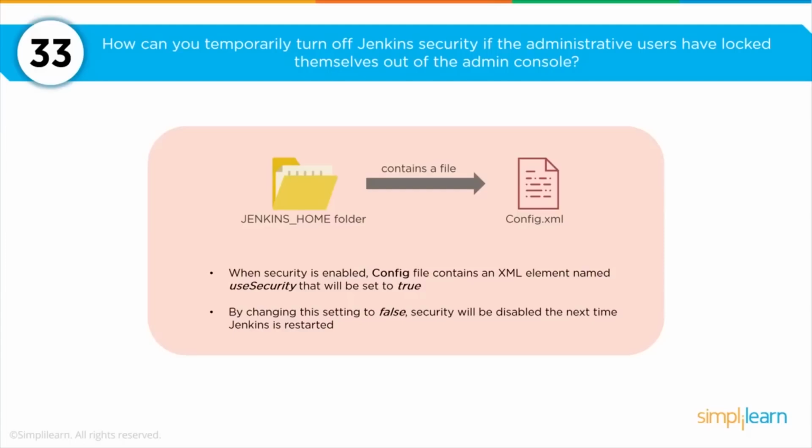So what you want to do is locate the config file. You should see that it's set to true, which allows for security to be enabled. If you then change the user security setting to false, security will be disabled, allowing you to make your administrative changes, and it will not be re-enabled until the next time Jenkins is restarted.